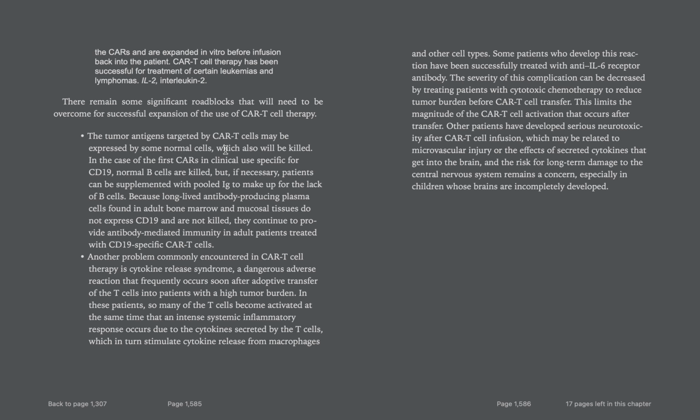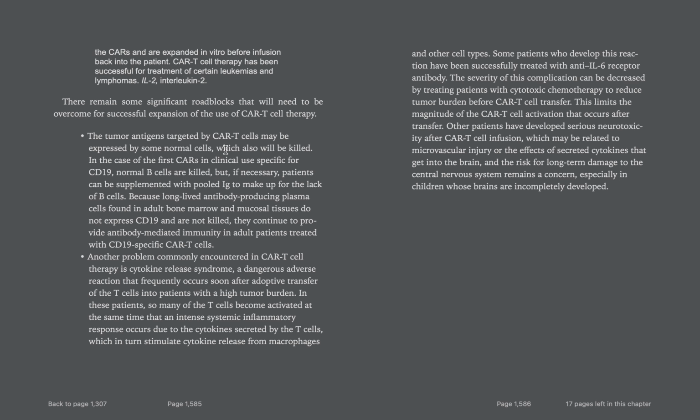Another problem commonly encountered in CAR T cell therapy is cytokine release syndrome, a dangerous adverse reaction that frequently occurs soon after adoptive transfer of T cells into patients with a high tumor burden. In those patients, so many of the T cells become activated at the same time that an intense systemic inflammatory response occurs due to cytokines secreted by T cells, which in turn stimulate cytokine release from macrophages and other cells.